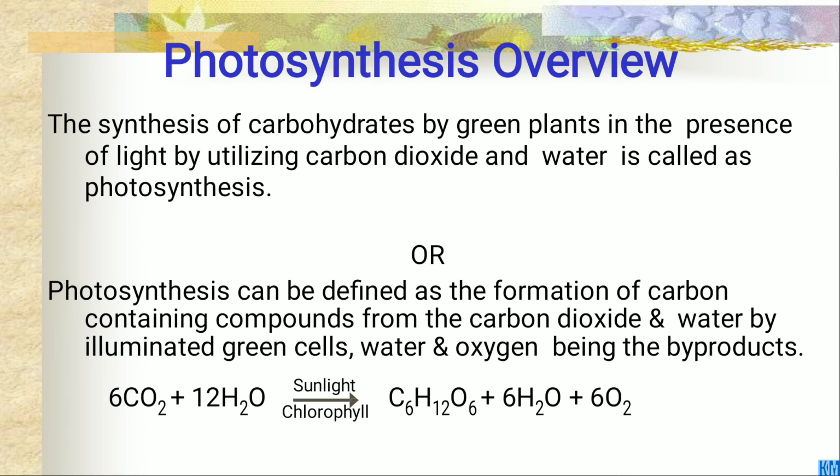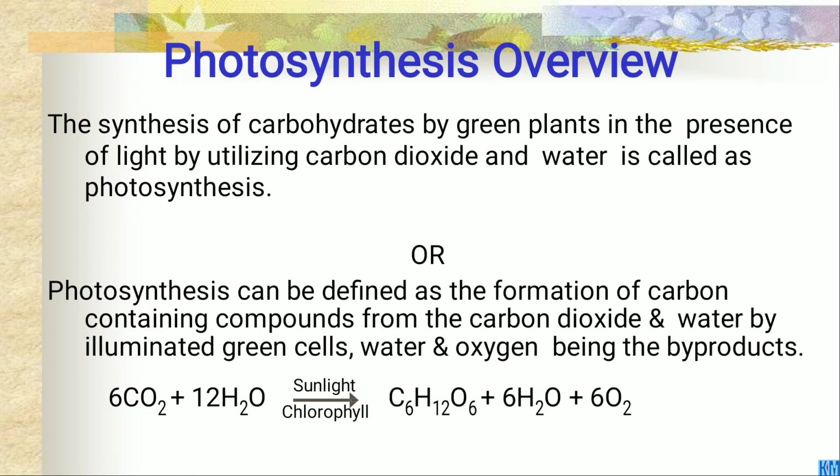Now we are discussing the photosynthesis overview. The synthesis of carbohydrates by the green plants in the presence of light, by utilizing carbon dioxide and water, is called photosynthesis. This is the definition or meaning of photosynthesis.